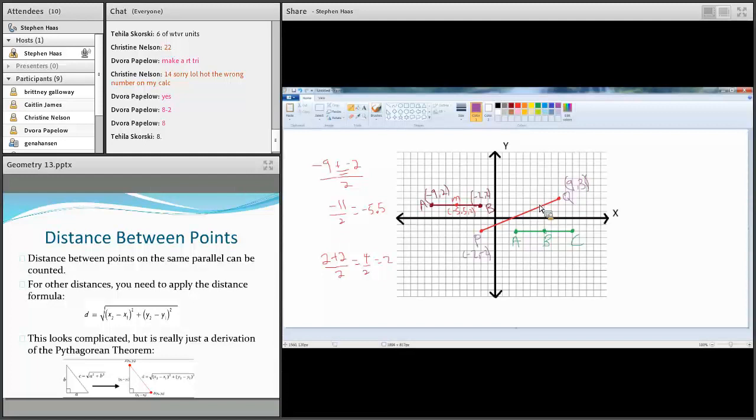The reason for that is because this formula is really the same exact thing as the Pythagorean theorem. Think about it. Let me erase this over here so that we get a little bit more room. The Pythagorean theorem is a squared plus b squared equals c squared.